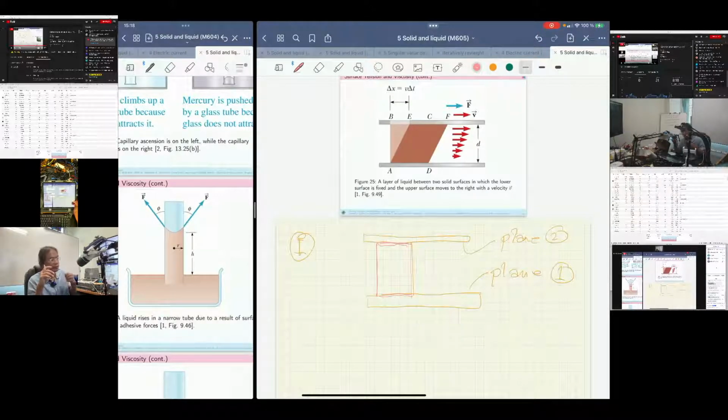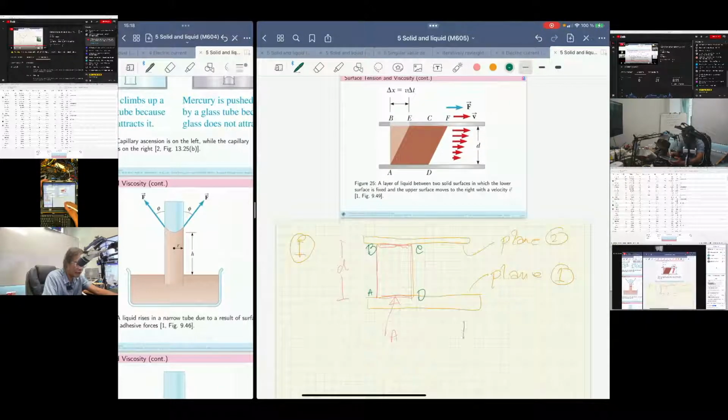The distance here is D, and the area at the touching point, at the contact, is A. At the beginning we have a square A, B, C, and D.